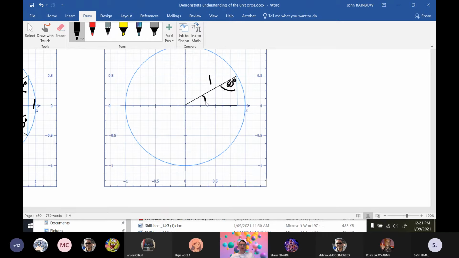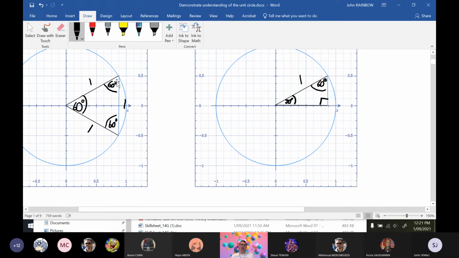If you've halved this, this would have to now be 30 degrees. And we also measured it 30. And this would be a right angle because we came straight down and gone straight across. Now we have this triangle. This length was 1, if you remember before. If we've halved that, now it has a length of a half, and you can even see it on the axis. It has a length of a half. So we know that this is now a length of a half.